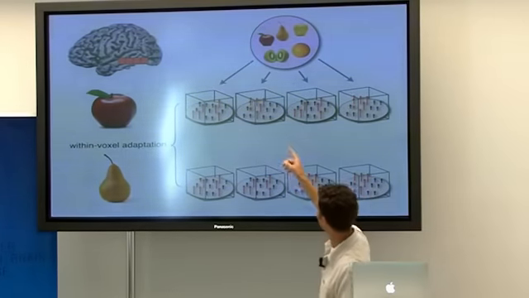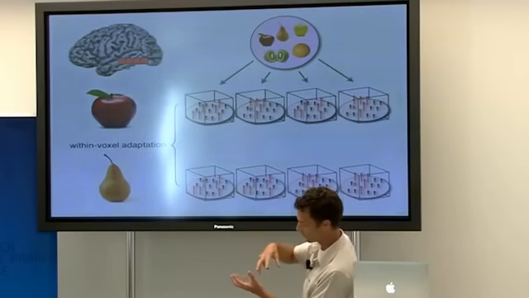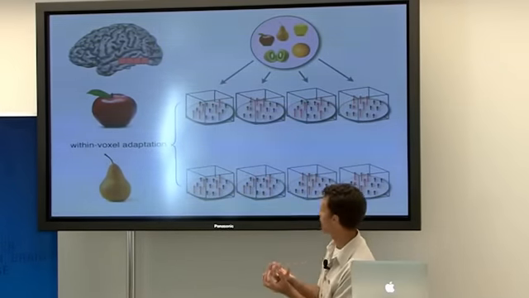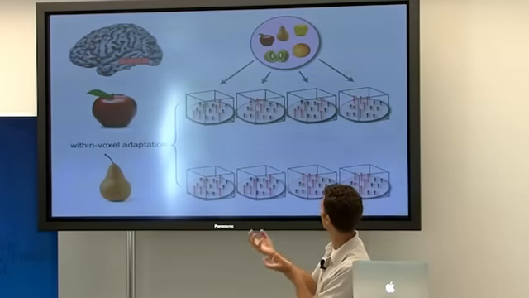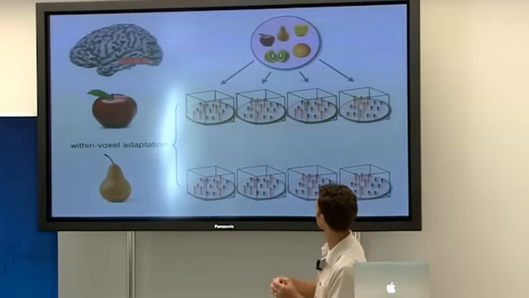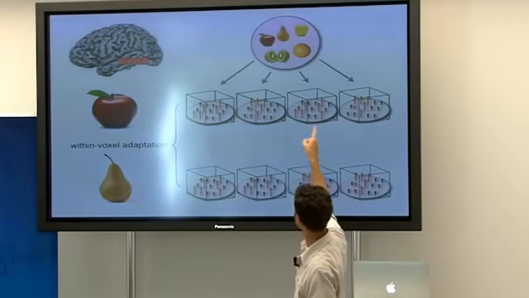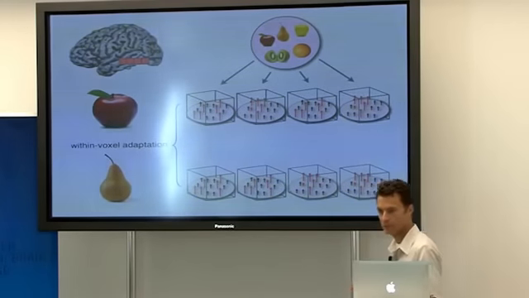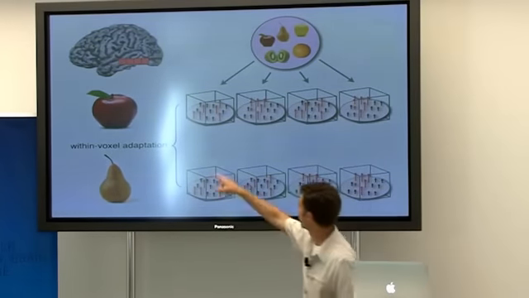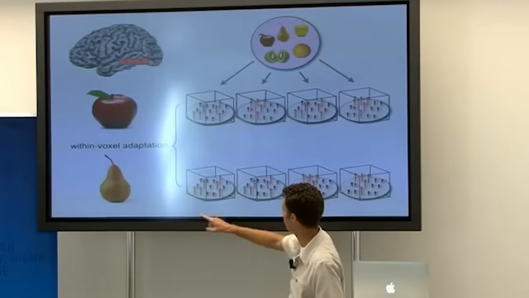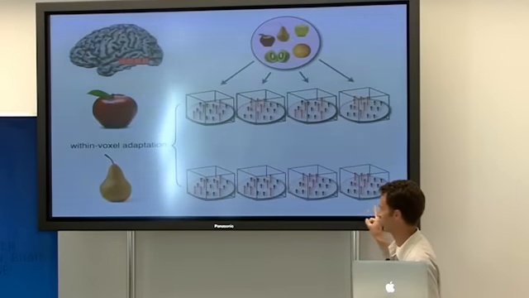So in all of these voxels, you have different neurons which are intermixed, and some of the neurons like kiwis, and some like oranges, and some like apples. And so in each voxel, it's a different pattern of response across the different fruits, okay? So the apple gets one pattern of response across the voxels, and the pear gets another pattern of response.